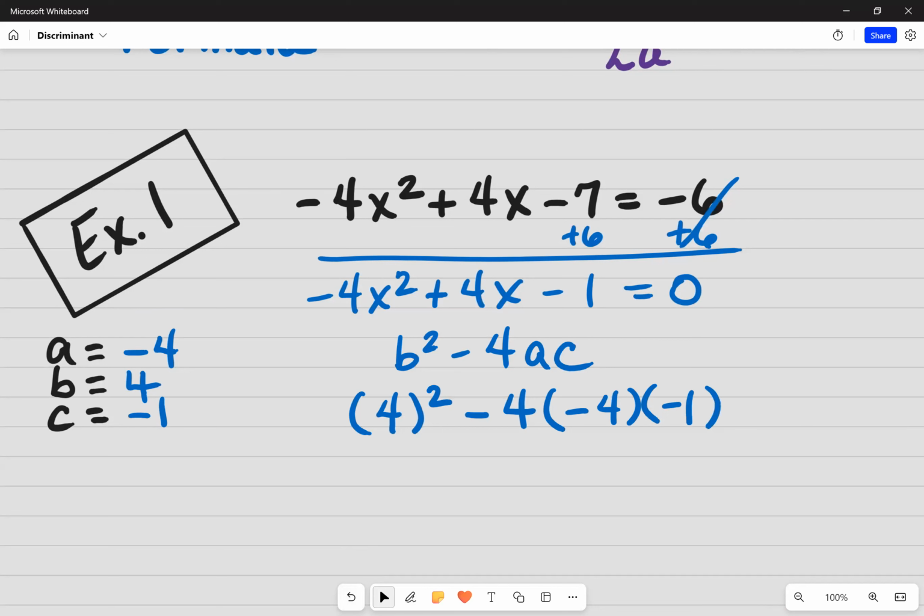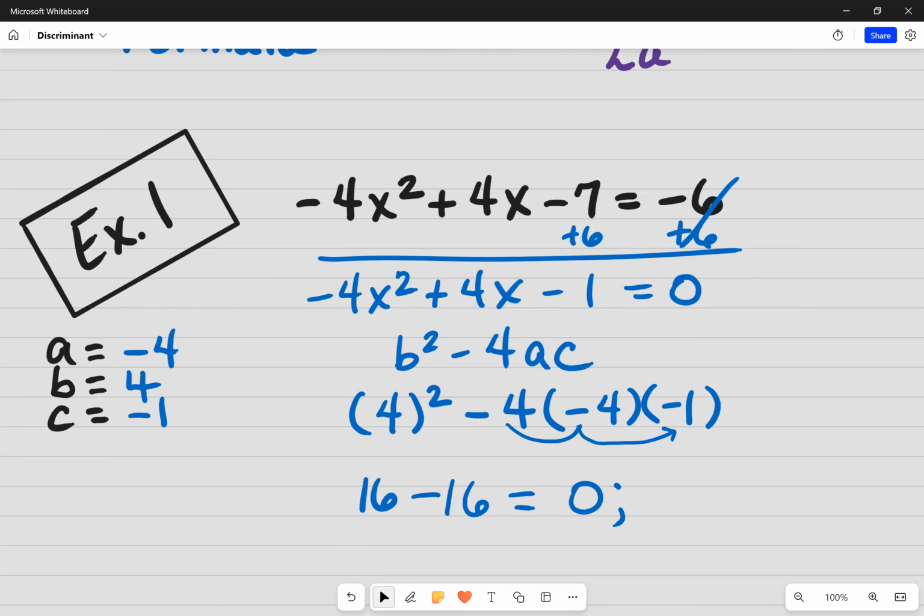So 4 squared is simply 4 times 4, which is 16. And now over here, all three of these are going to be multiplied times each other. So you want to keep up with the signs as well. So -4 times -4 is +16. +16 times -1 is going to be -16. So now when I simplify this, 16 minus 16 is simply 0.